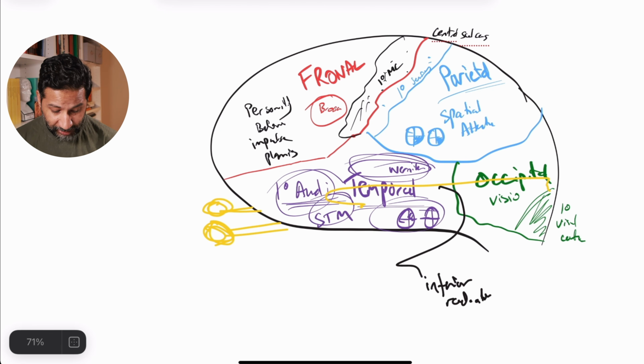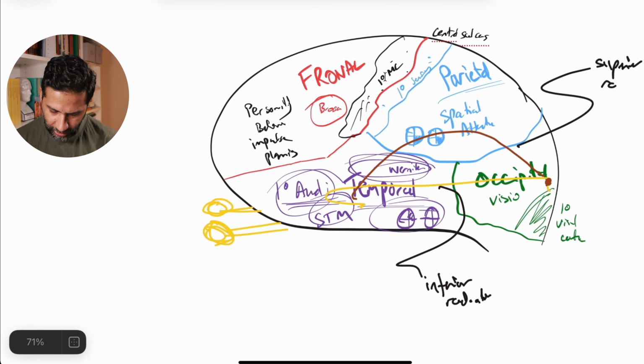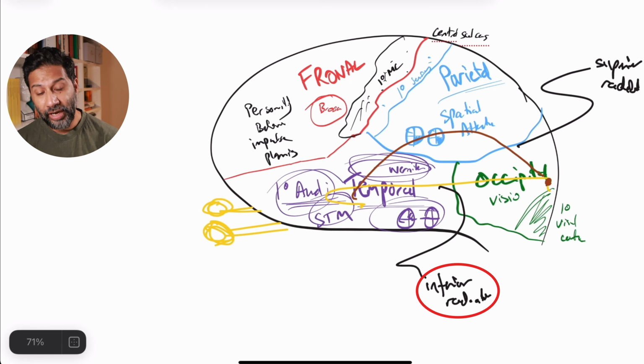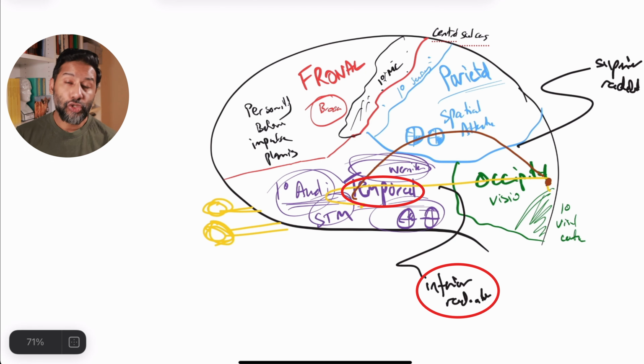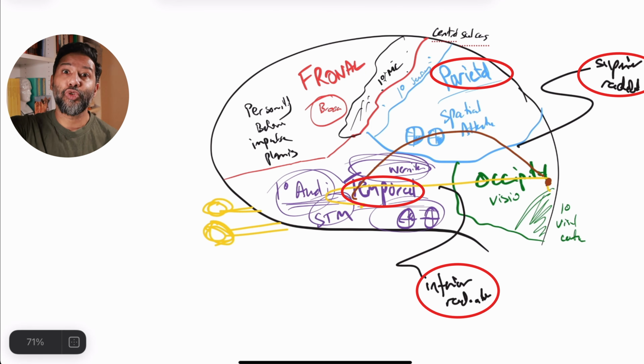And we've got fibers coming through our parietal lobe back to the occipital lobe, and both go back to this primary visual cortex. Let's label that as our superior radiation. So inferior fibers go through the inferior optic radiation through the temporal lobe, and superior optic radiations go through the parietal lobe, the lobe that's superior and higher up.